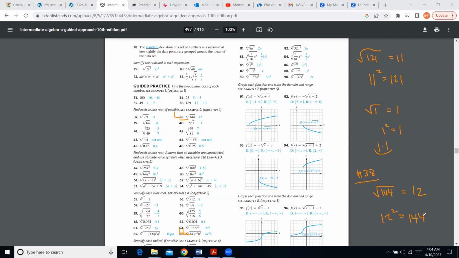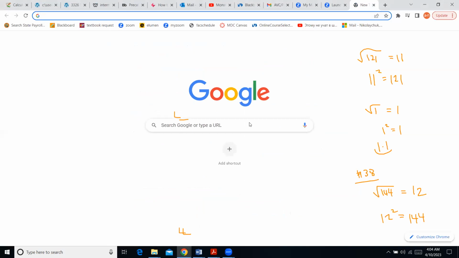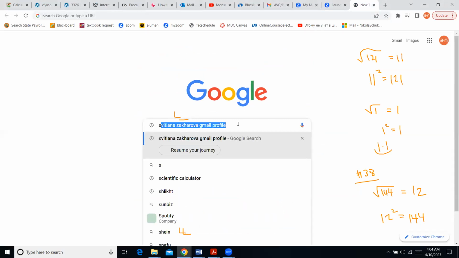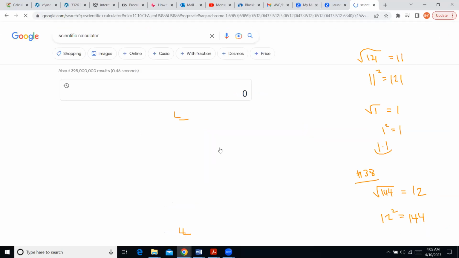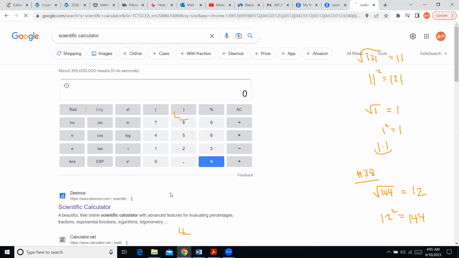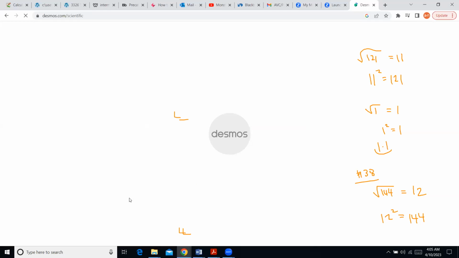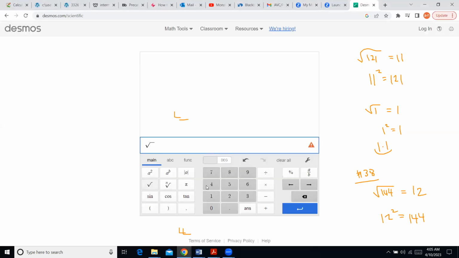So you might ask, Alex, how do you know that? How do I know that the square root is 12? Well, there is a way to actually check it. You can use a so-called scientific calculator. I start typing Google scientific, and right away I get a first choice here. I use this calculator to do the demonstration. We can put in the square root of 144, and the answer will be 12.